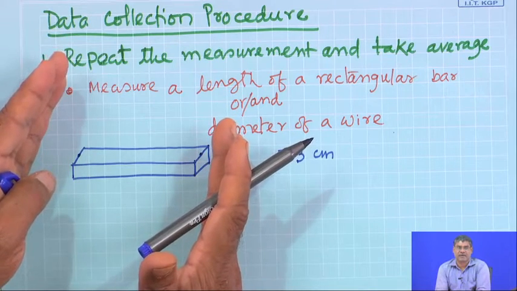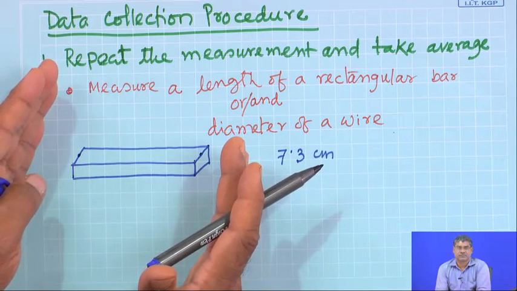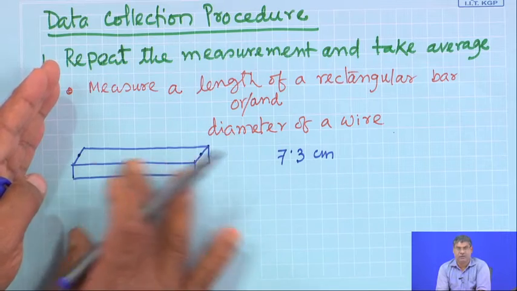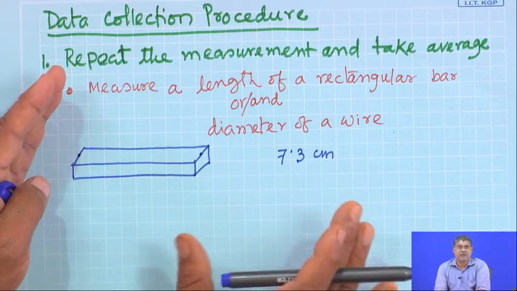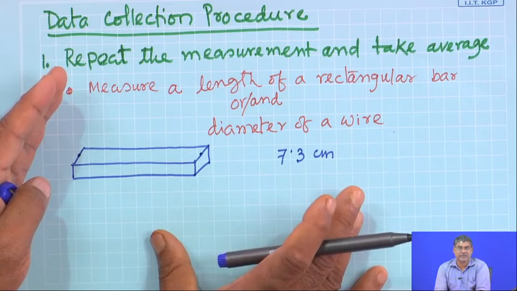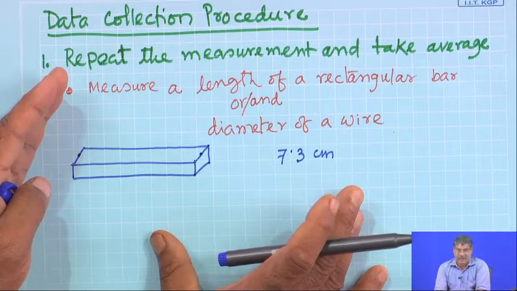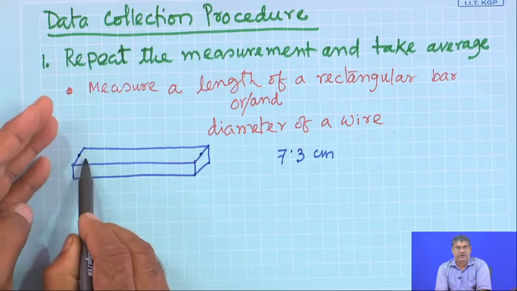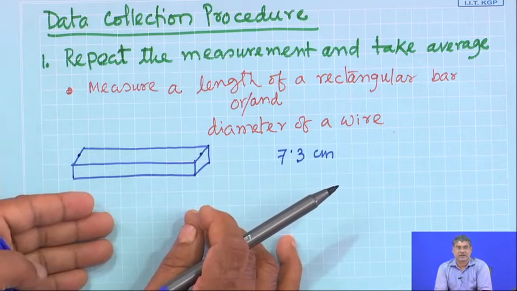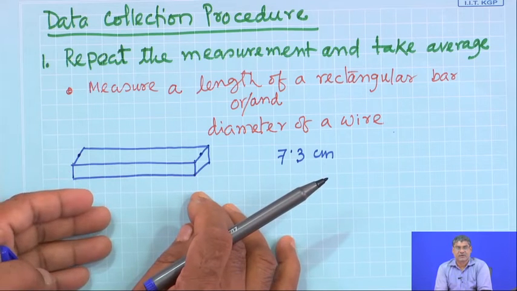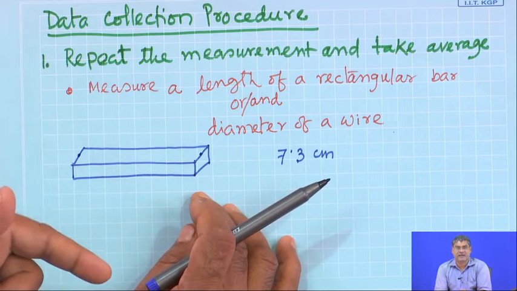If they are perfectly parallel, then measuring once is sufficient, but it may not be the case in reality. So, there may be a slight change of this length on a different face. You have to take care of this in reality.